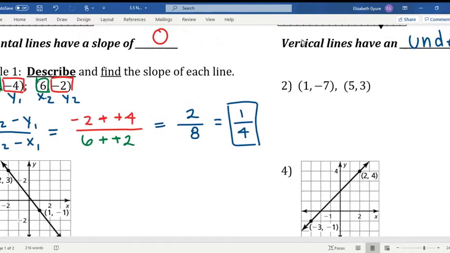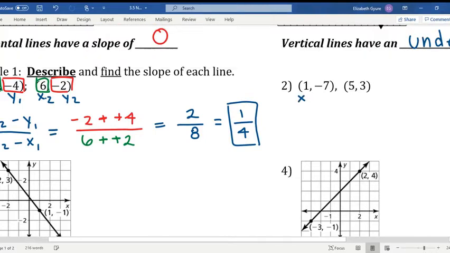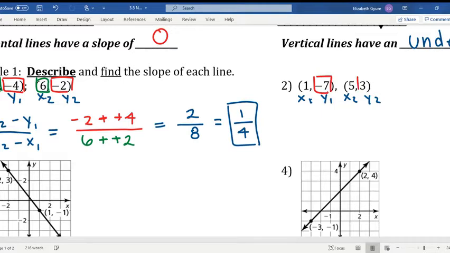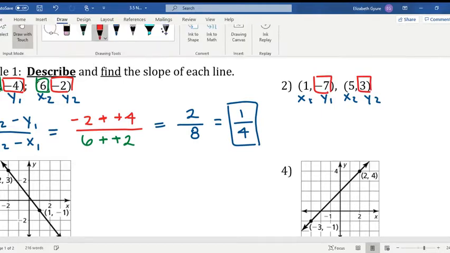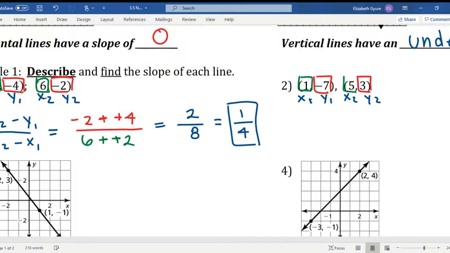Okay, I would start by picking out your x1s, your y1s, etc. So this is my x1, my y1, my x2, and my y2. And then it's always nice to color code so you keep your y's with your y's and your x's with your x's. So -7 is a y and 3 is a y. And then 1 is an x and 5 is an x.